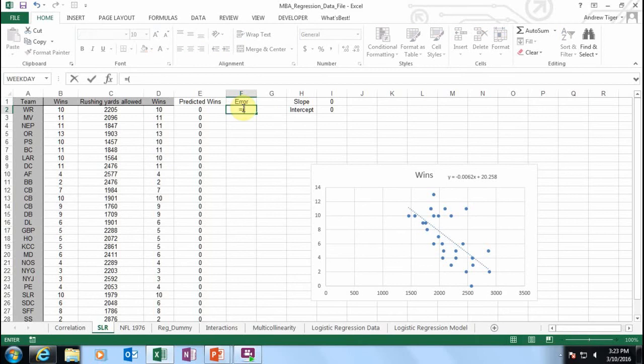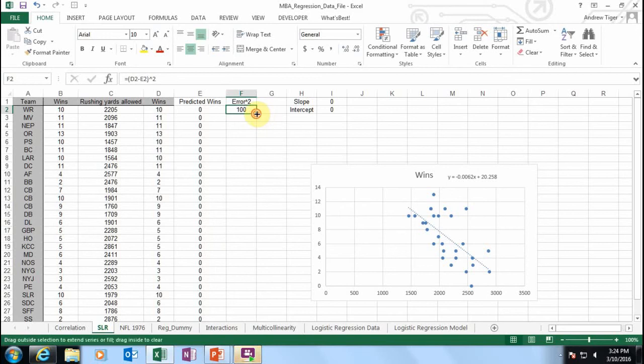The error is equal to this minus this. And if I copy that down, sometimes, at least in this case, they would all be positive. But I'm going to go ahead and square this so that if it's positive or negative, I get the magnitude of the error. So this is actually going to be the error squared.